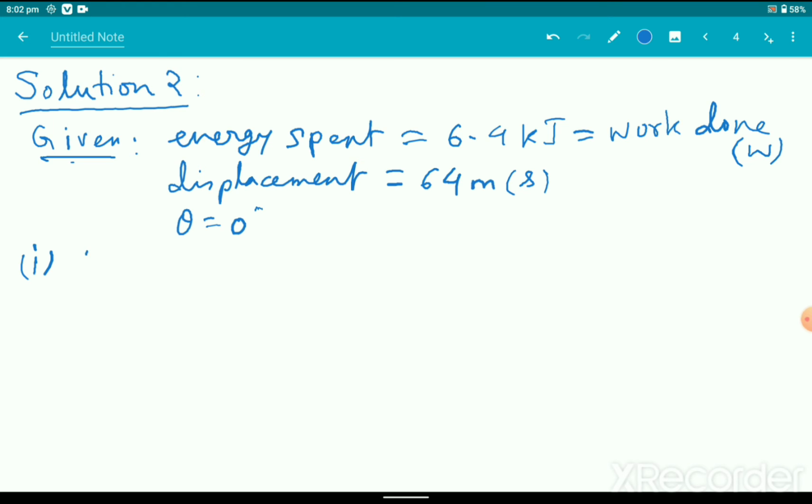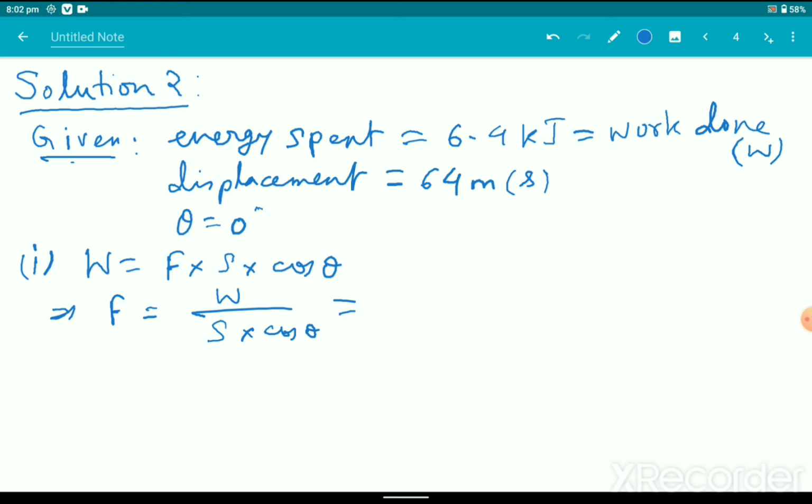As we know, work done is equal to F into S into cos theta. From this we can write F is equal to W by S into cos theta. The value given is W is 6.4 kilojoule. Just convert this into joule, because we are using SI units. So 6.4 into 10 to the power 3 joule.